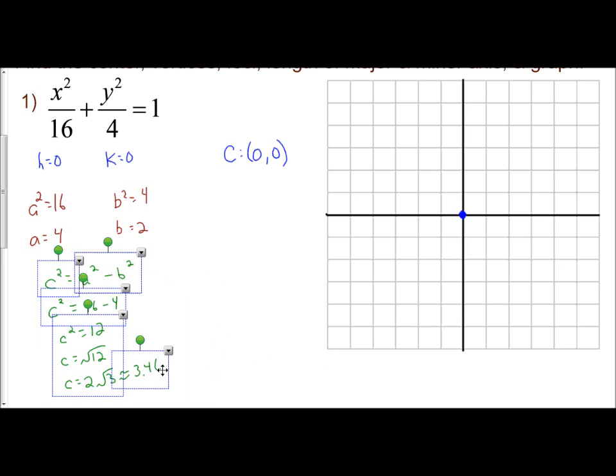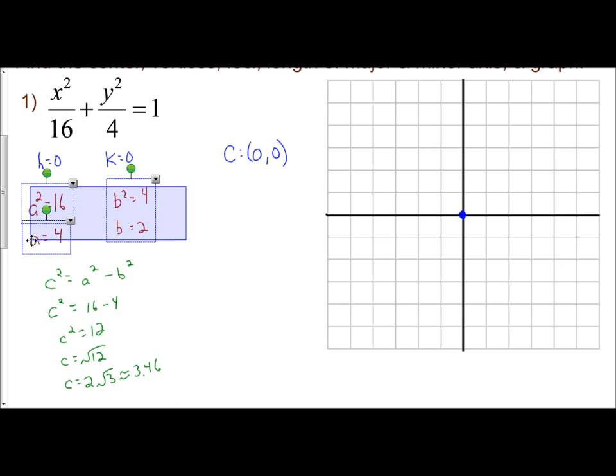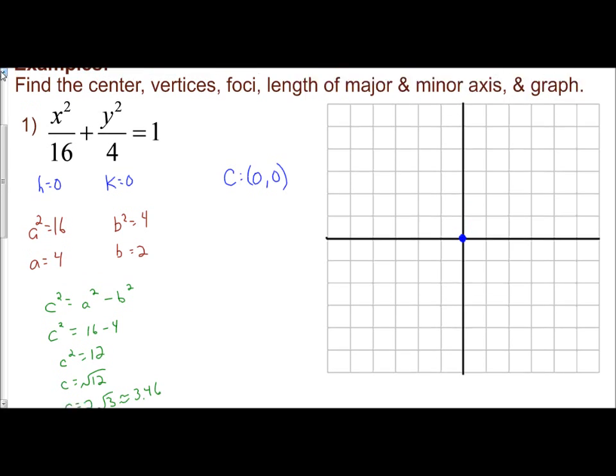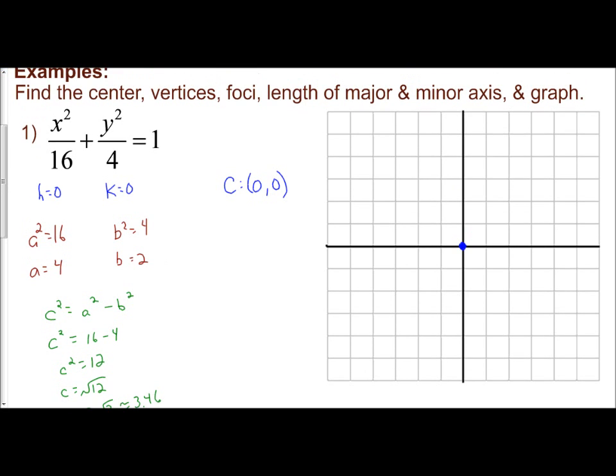I just have to find all the points. Now you can go to your formulas. That's perfectly fine. If you want to go and use all the formulas in the front, you can do that. I prefer to use the concepts. Your vertices are located a units from the center and b units from the center along the major and minor axes.